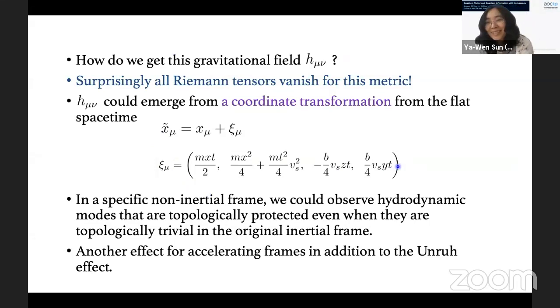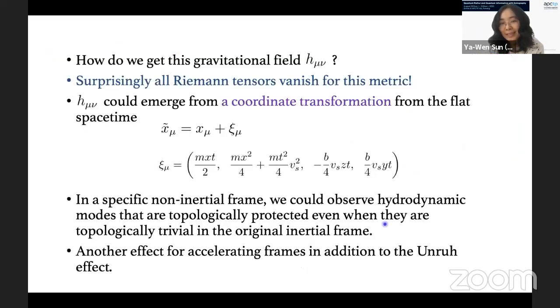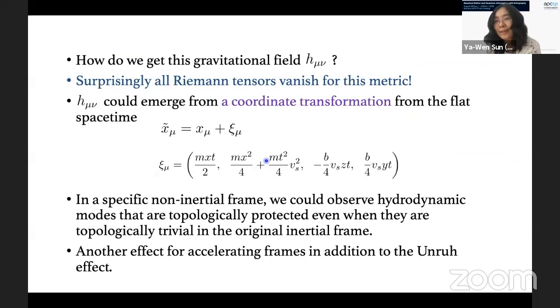So up to this stage, we have transformed this strange behavior of these extra terms into a special coordinate transformation. This means that in a specific non-inertial frame, because we have a non-trivial coordinate transformation, the metric is not the flat one, but the spacetime is still the flat spacetime.